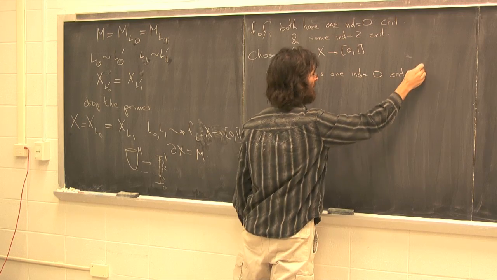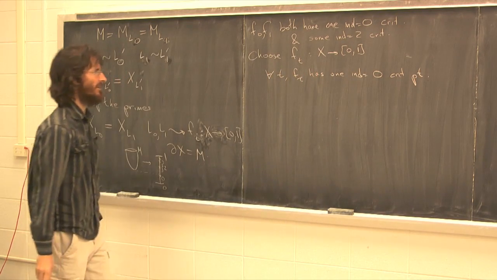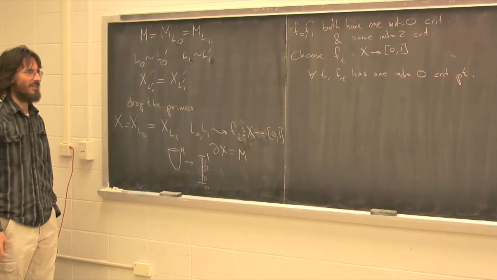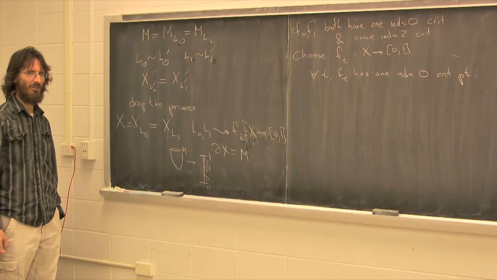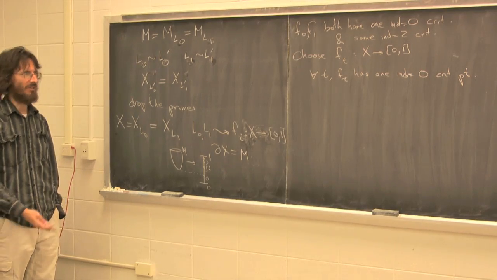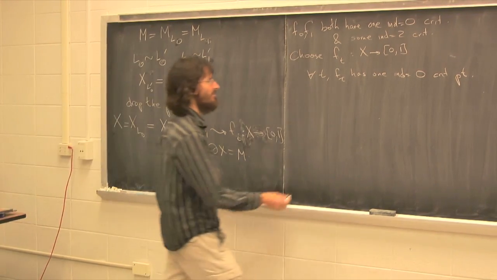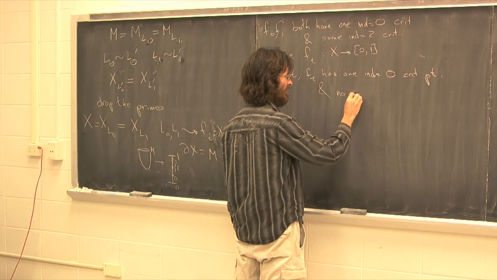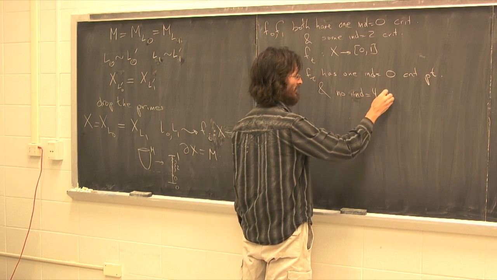That uses argument 4, and now we want to soup that argument up to arrange that for all t, F sub t has no index 1 or 3 critical points, and no index 4 critical points.